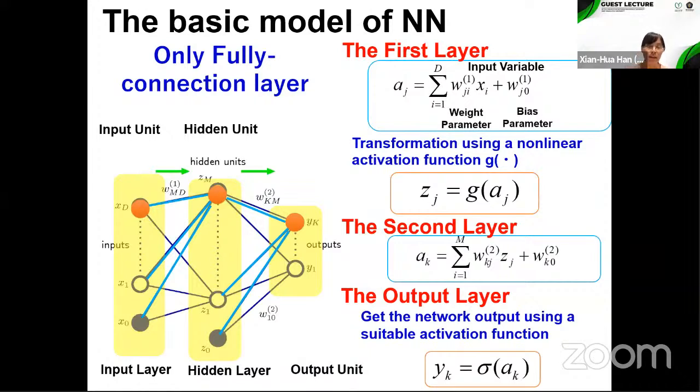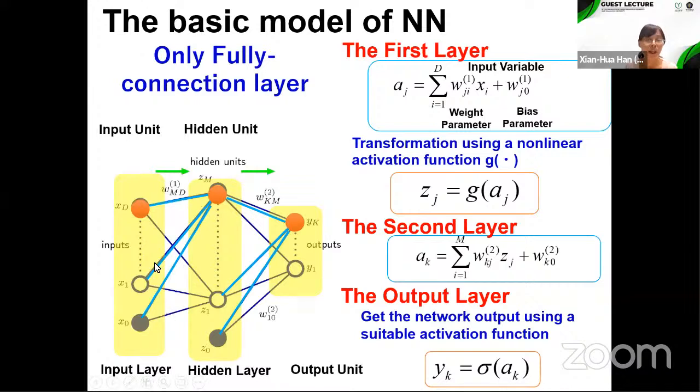This connection is called a fully connected layer. This means that each unit in a layer is fully connected to all the units, all the neurons, in the previous layer. This is called a fully connected layer.